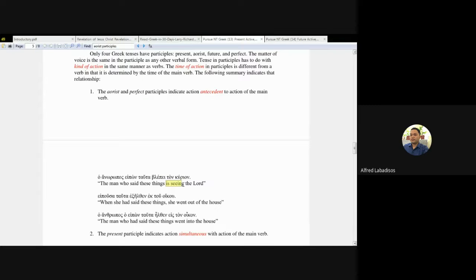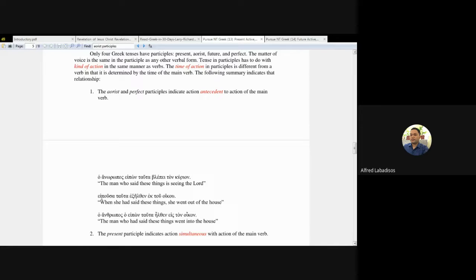Or you can say: the man who said these things sees the Lord. So it means that the man here already said something, and after saying something, he sees the Lord. So the action of the participle indicates what? An antecedent to the main verb.